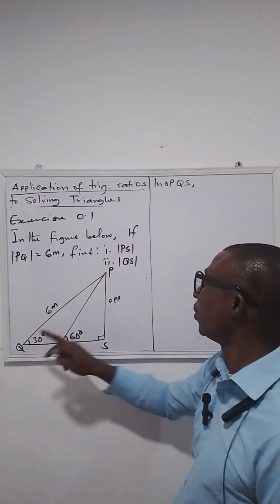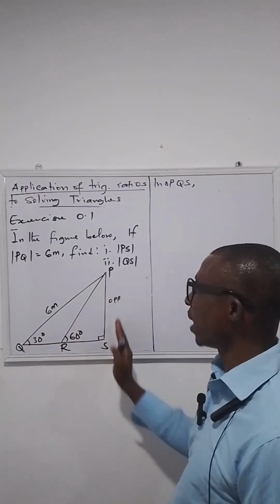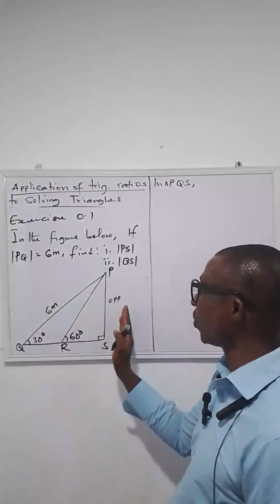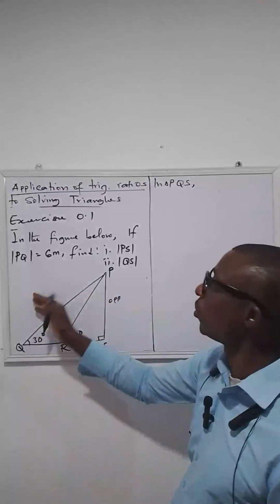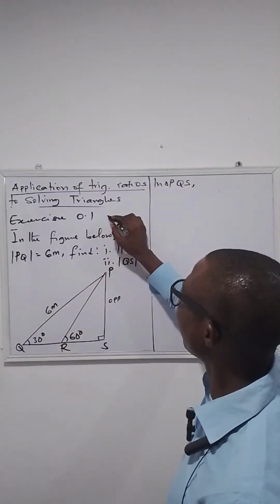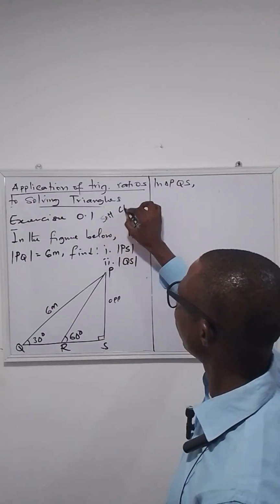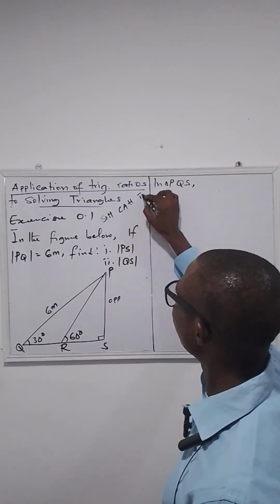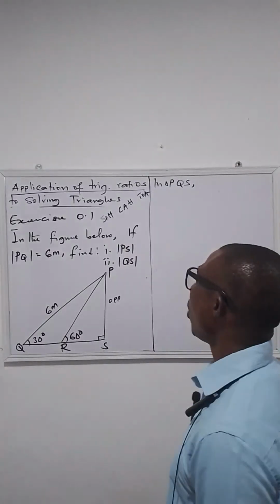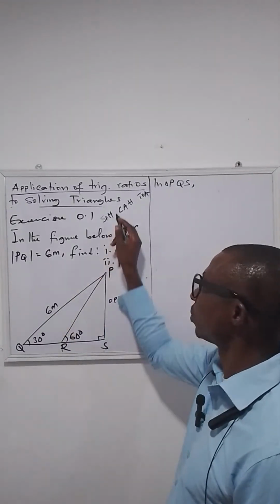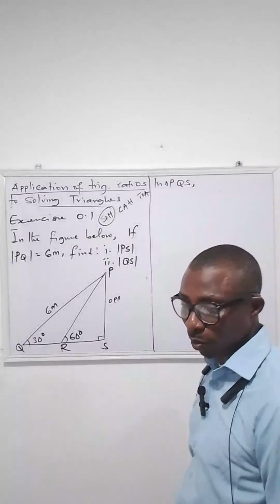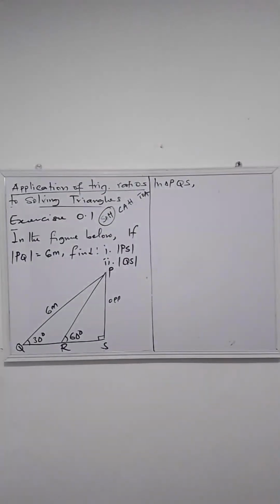Now this opposite and this hypotenuse. I'm considering opposite and hypotenuse. Let's look at our SOHCAHTOA. Opposite and hypotenuse means we'll be making use of sine.